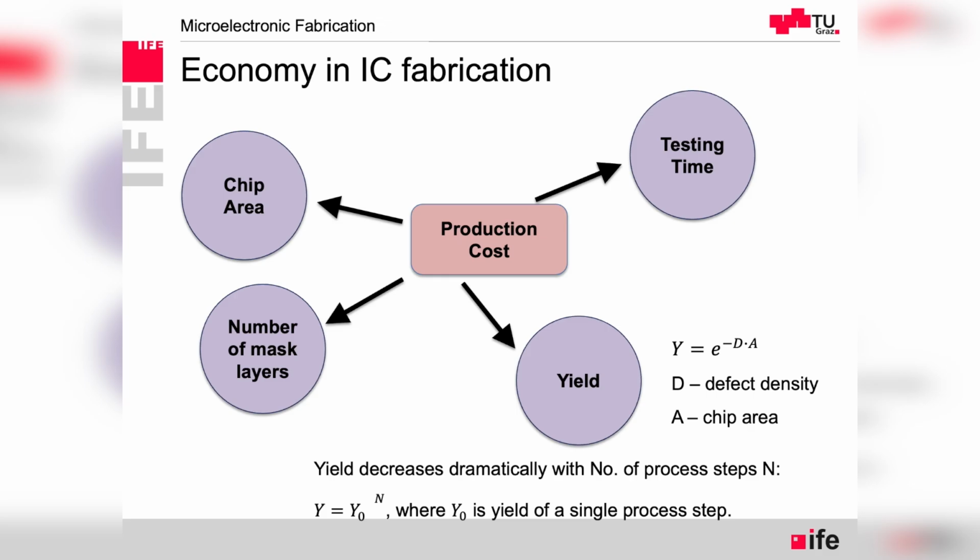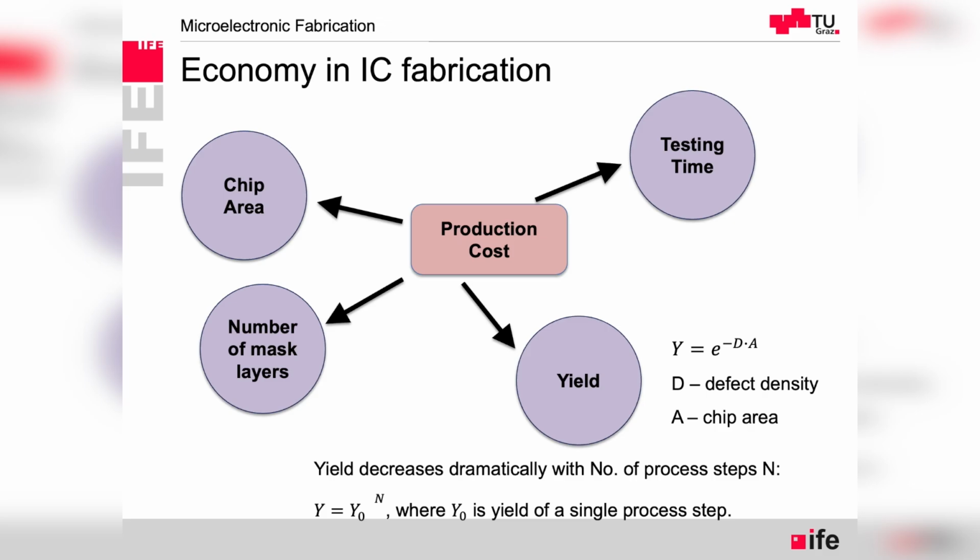With the increasing integration, we have a higher number of masks. With multiple patterning, a single layer needs several masks. Then testing time, the time where the chip sits in the tester, even if it's just 1 or 3 seconds, that's already a lot because we have hundreds of thousands of chips to test. And finally, yield.